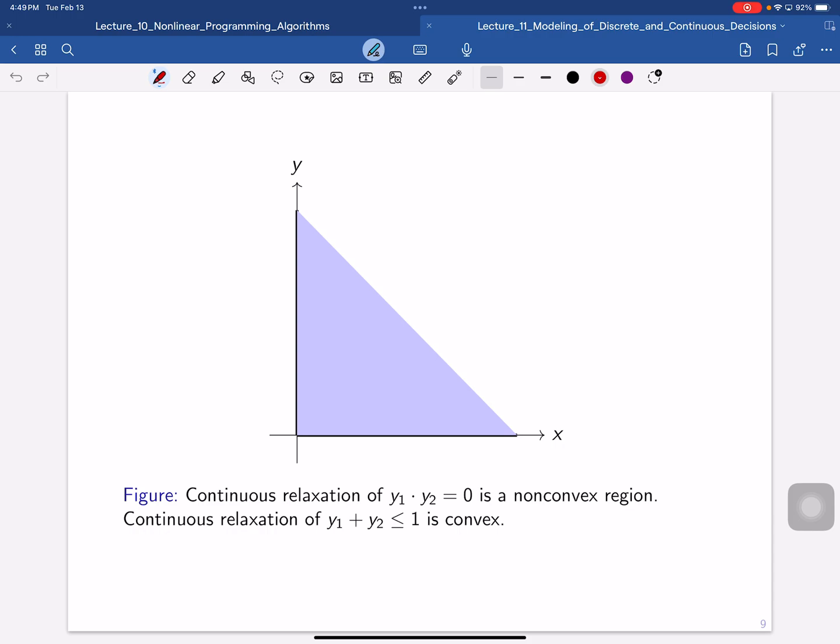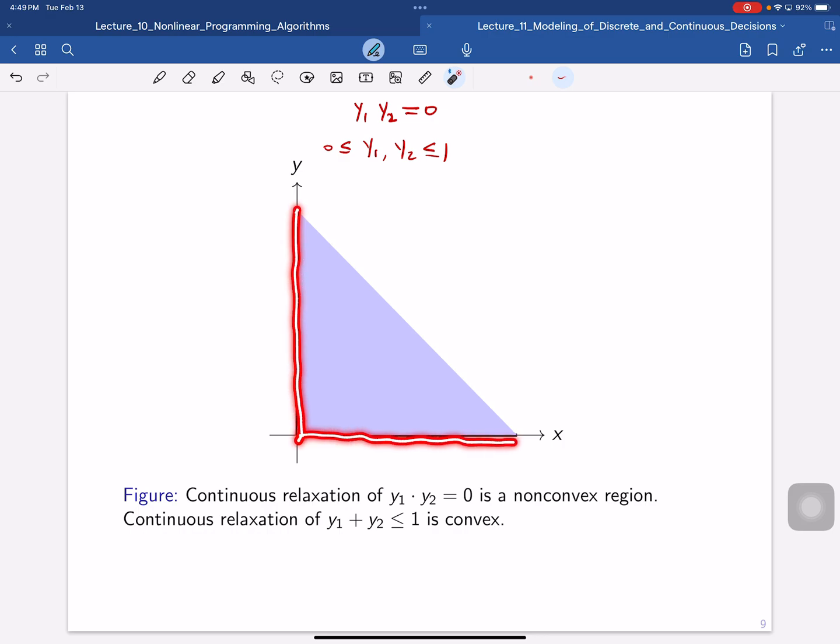So for the first problem, the continuous relaxation is y1 times y2 equals 0, and then y1 and y2 are both from 0 to 1. If you look at the continuous relaxation, it will be these two black lines here.